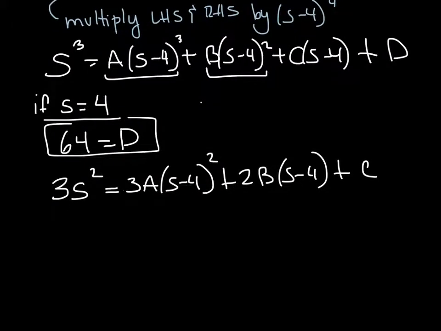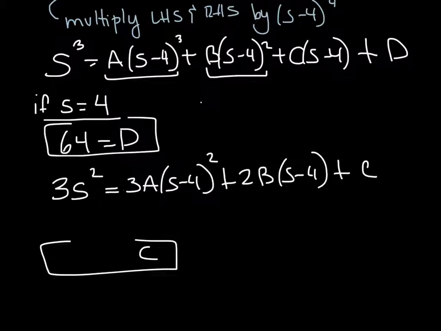Now if s is 4, this is a completely different function. 4 squared is 16, times 3 is 48. And if I input 4 again, all this is 0, this is 0, and then C is 48.